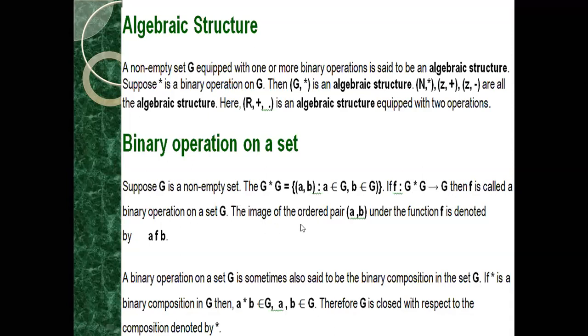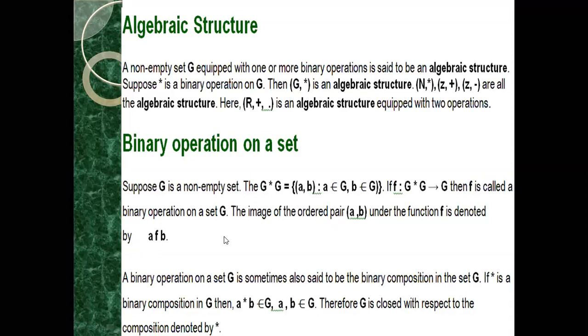The image of the ordered pair (a, b) under the function F is denoted by aFb.